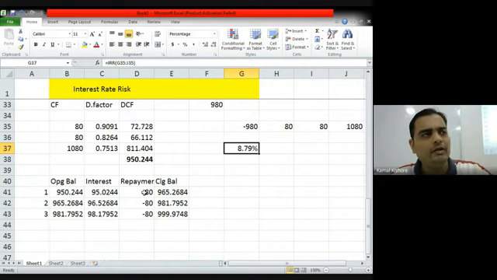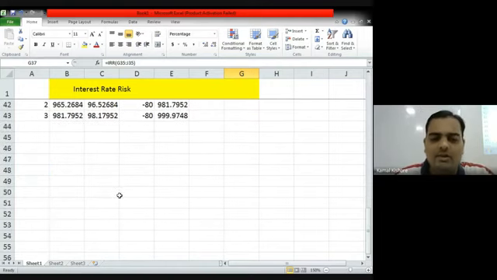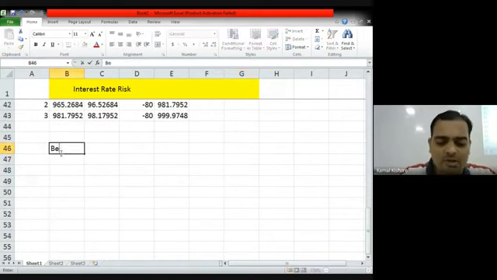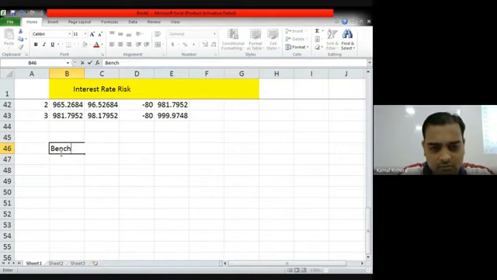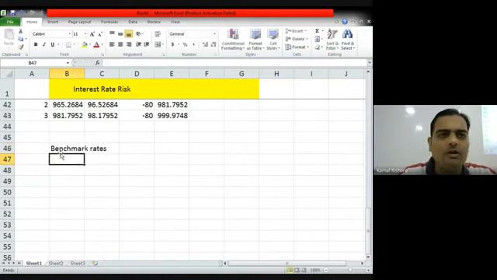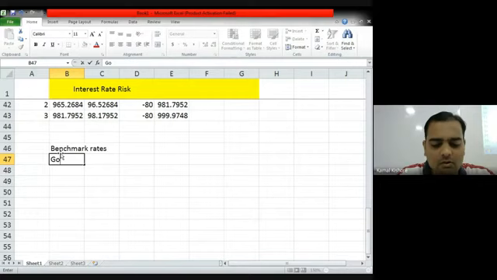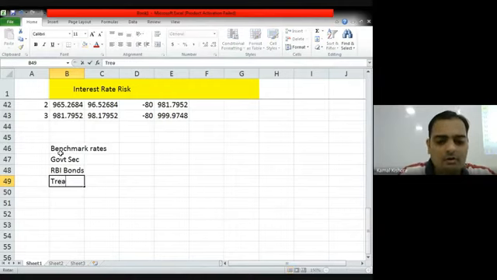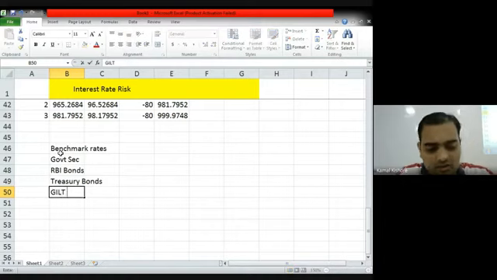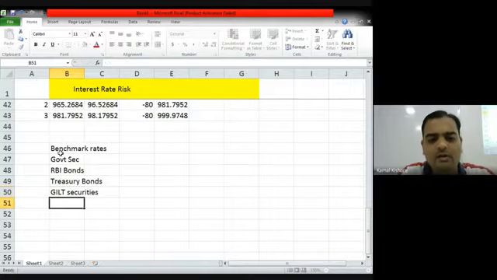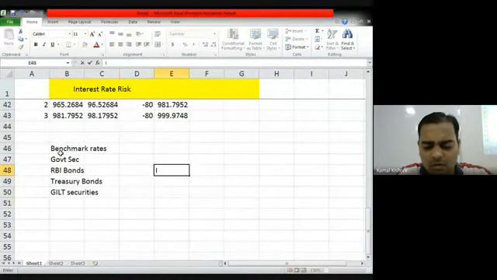Now, to understand interest rates, what we do is look at the benchmark rates. This benchmark rate could be government securities, RBI bonds. In the US we call it treasury bonds. We also call it locally gilt securities, which are basically risk free.